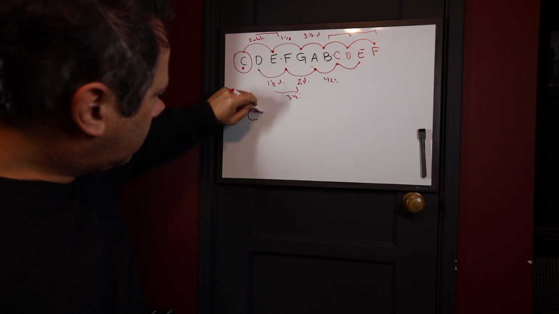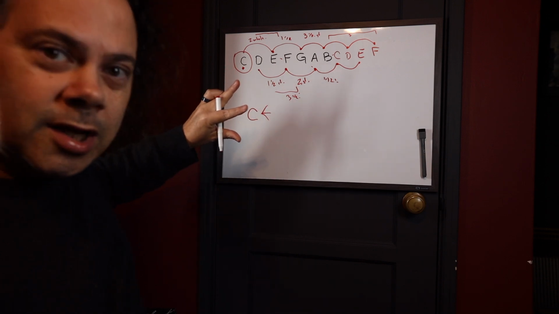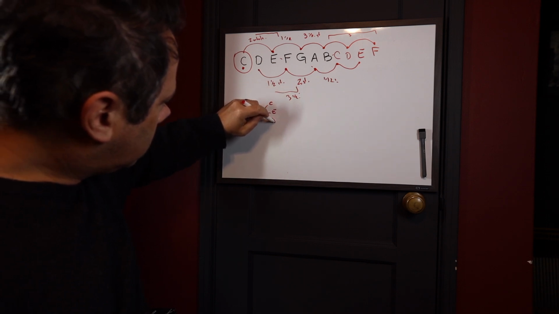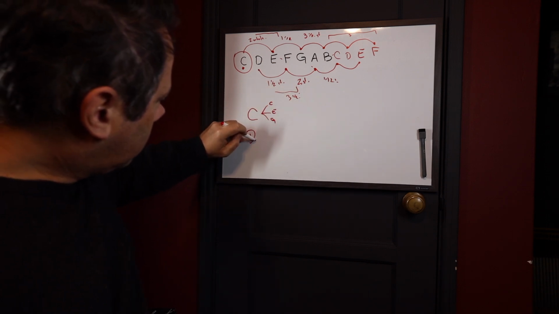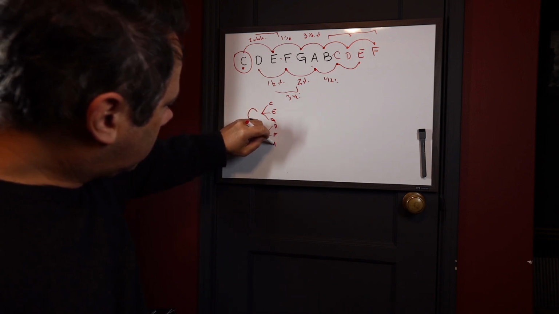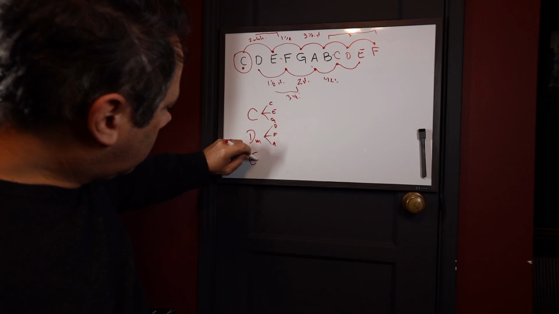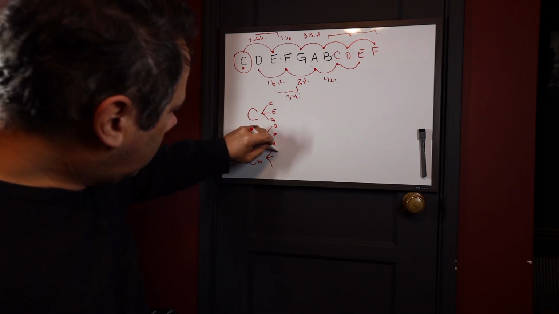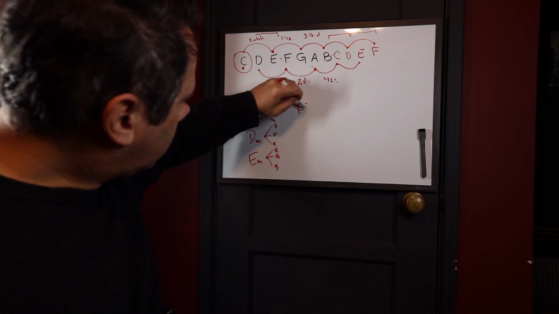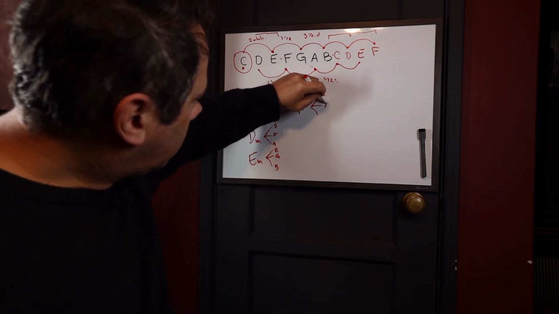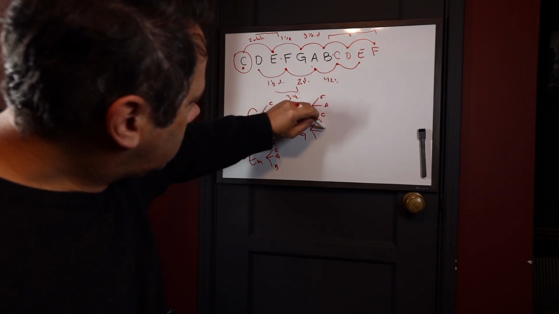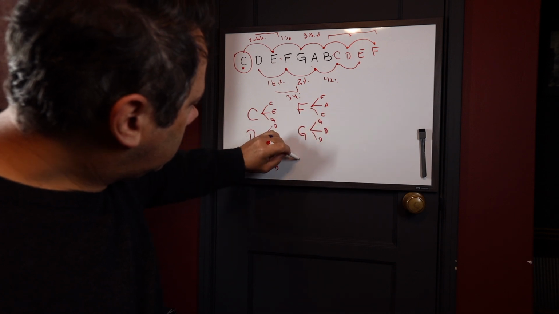So when we have C, we have basically our chicken foot, and these are the notes: C, E, G. D minor, same thing: D, F, A. E minor, E, G, B. F major, F, A, C. G major, G, B, D.